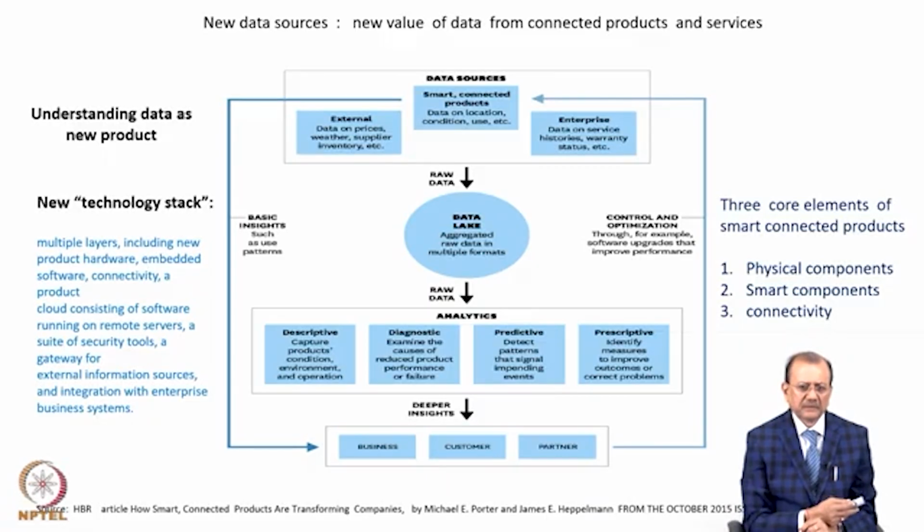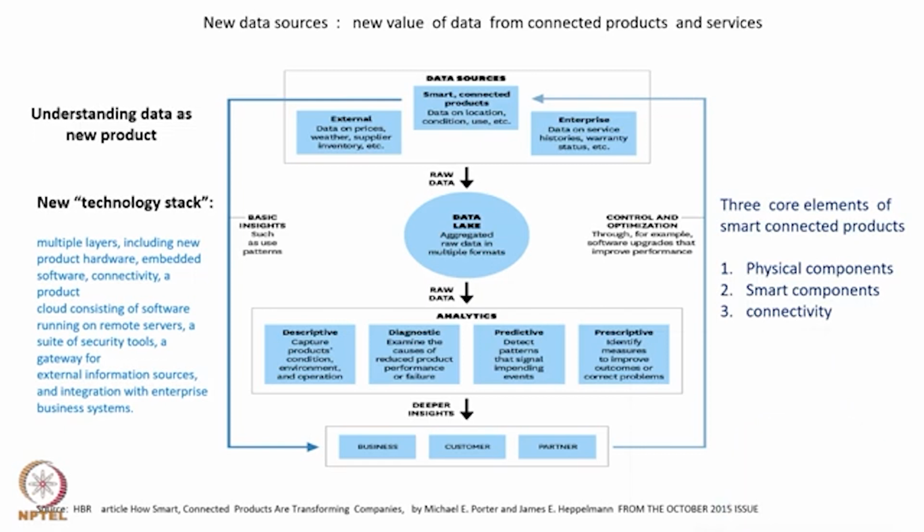When this data scenario was emerging a few years back, and industry started realizing that data has become a very important aspect, Michael Porter and James Heppelmann came out with a seminal paper in the Harvard Business Review, published in the October 2015 issue, HBR, and it deals with the architecture, how data will be generated in future, how data flows to a data lake, and what the different purposes of the data lake are.